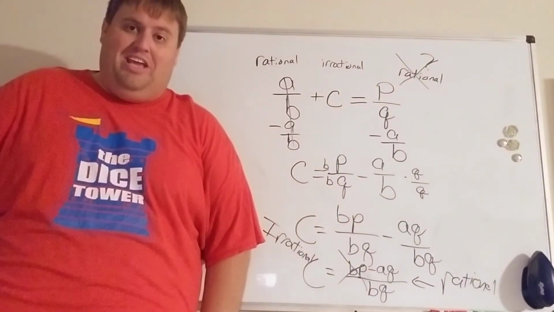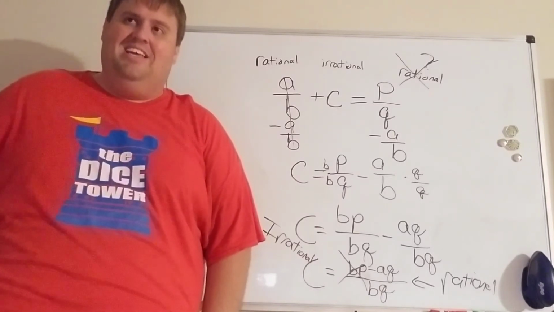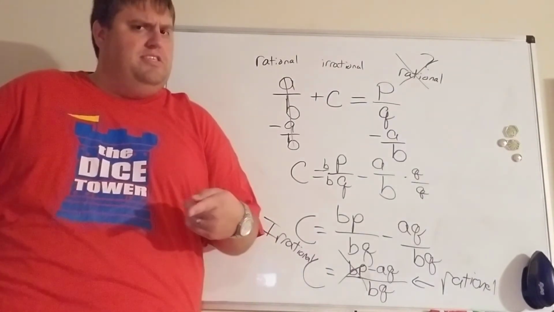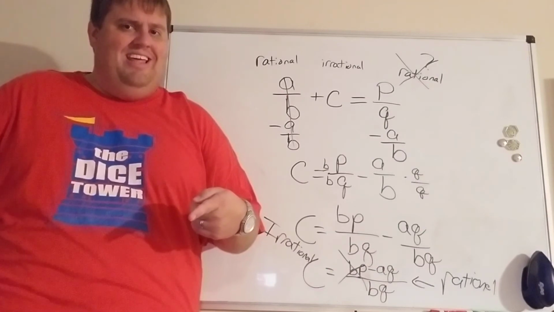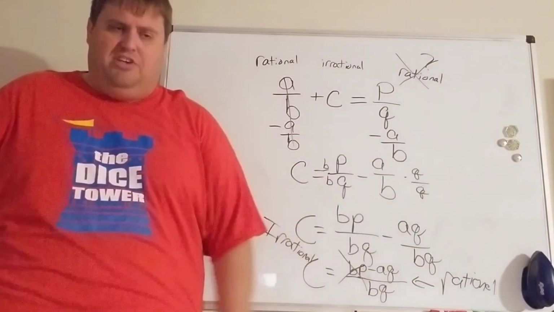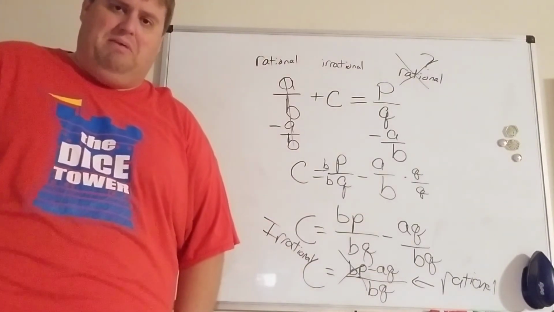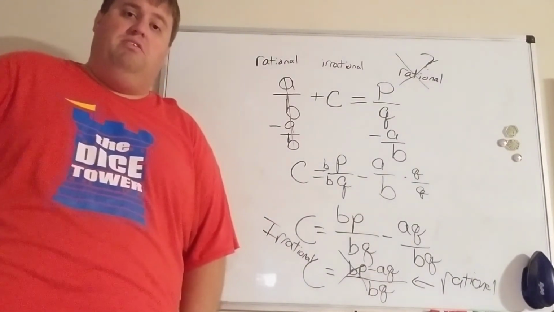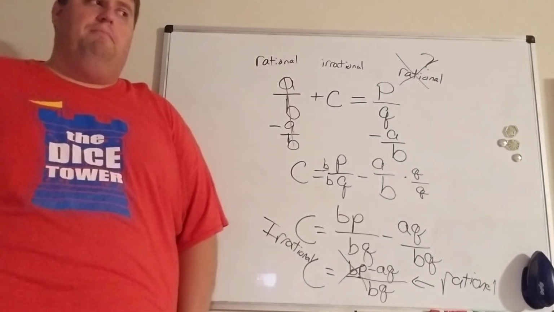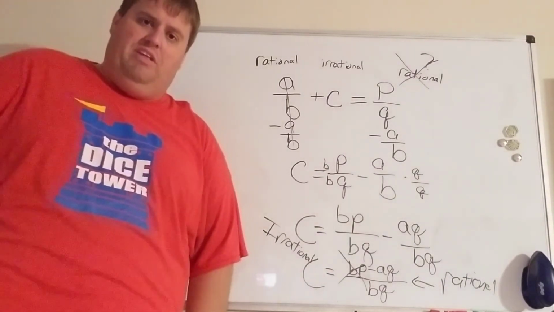On your homework, they're going to give you some thinky ones, where you're going to have to think, is this going to be rational or irrational? And I'll comment back and talk to you a little bit on that to see what you think and how I can prove to you one way or the other.